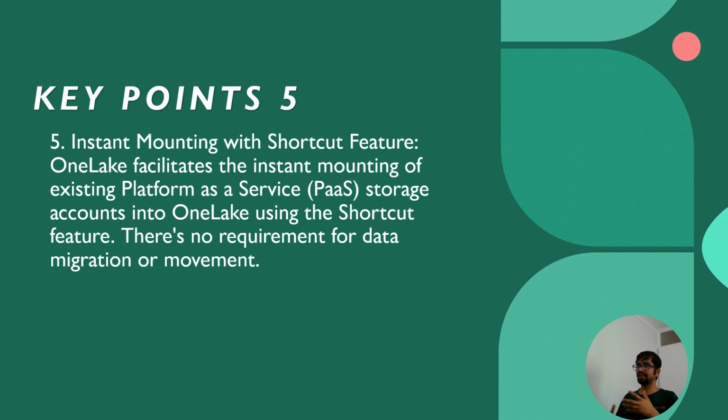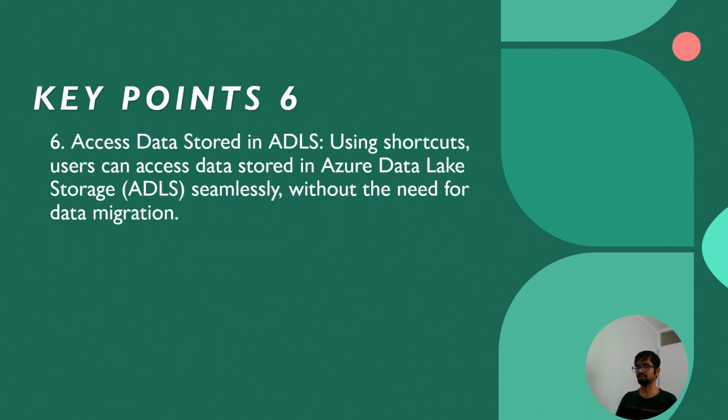So we can simply create the shortcuts and just use them. We don't have to make any heavy movement of data using ETL jobs, or create copies of data from one place to another. So this is quite effective, and the shortcut is smart enough to do caching of data so that we can reduce the cost of egress going in and out. I think this is very cost effective as well.